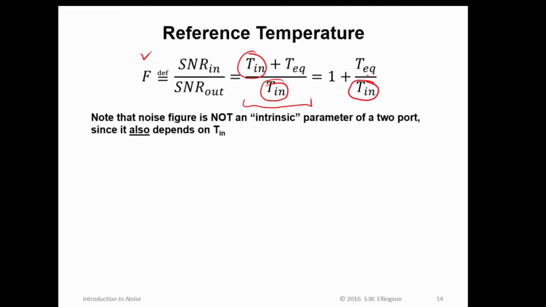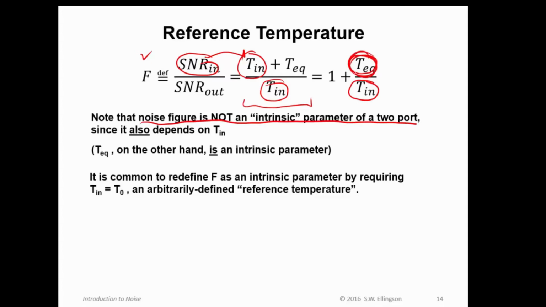So you have to be careful about how to interpret what's going on here. Noise figure is not an intrinsic parameter of a two-port. In other words, to calculate the signal noise ratio at the input, I had to know what Tn is. And if I have to know what Tn is, then the associated quantity cannot be something which is intrinsic to the two-port. The equivalent noise temperature, on the other hand, does not depend on this input temperature.